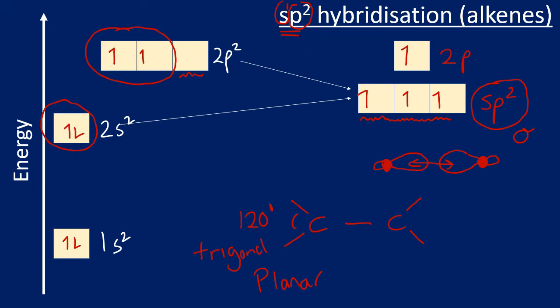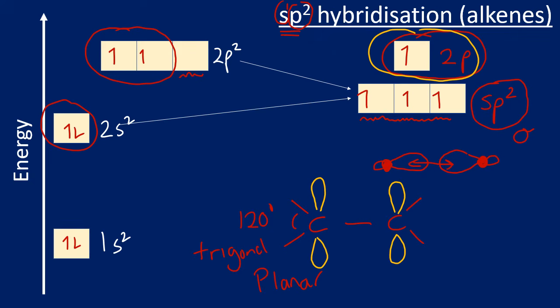So where's this pi bond then? Where's this pi bond coming from? And the pi bond comes from this p orbital. Now, the p orbitals are dumbbell shaped, so we still have one p orbital on each of the carbons. So there's still a p orbital with an electron in. And what happens is these p orbitals actually overlap.